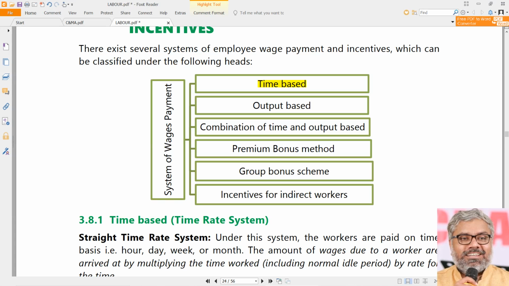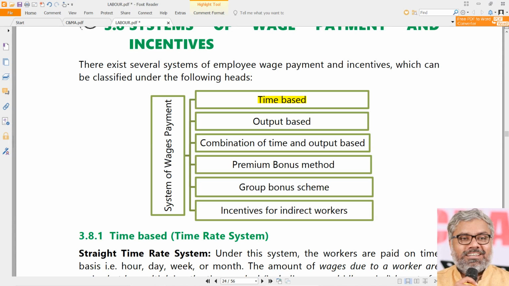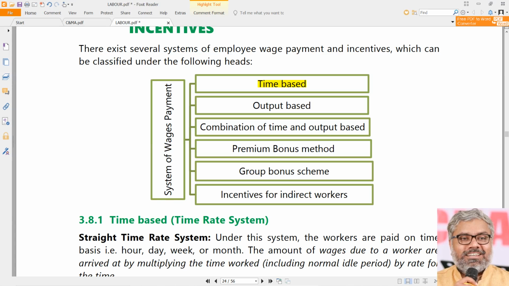Like that, time based wage rates will be fixed in general per hour, but there is no necessity. You need to read the question carefully. Time based could be per hour, per day, per week, per month, whatever it is. But time based systems are quite common in paying wages to workers.